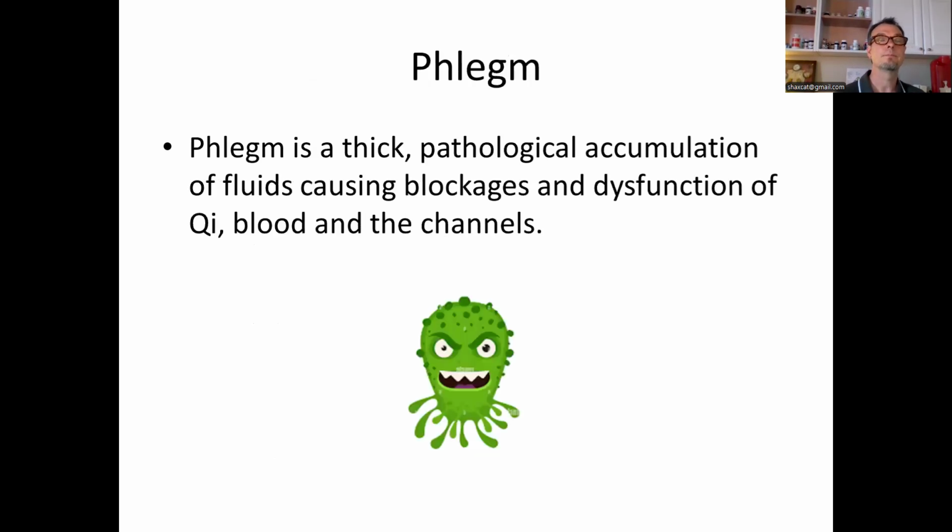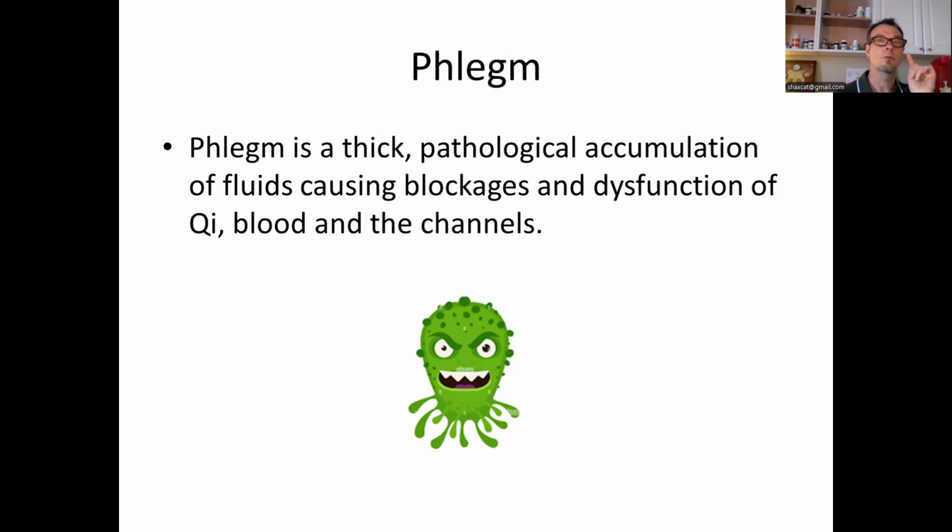Next thing is phlegm. Phlegm is a thicker version of dampness. It's when dampness has become stagnant for a period of time, then it starts to become more substantial. So, thick pathological accumulations of fluids causing blockages and dysfunctions of the chi and blood in the channels.